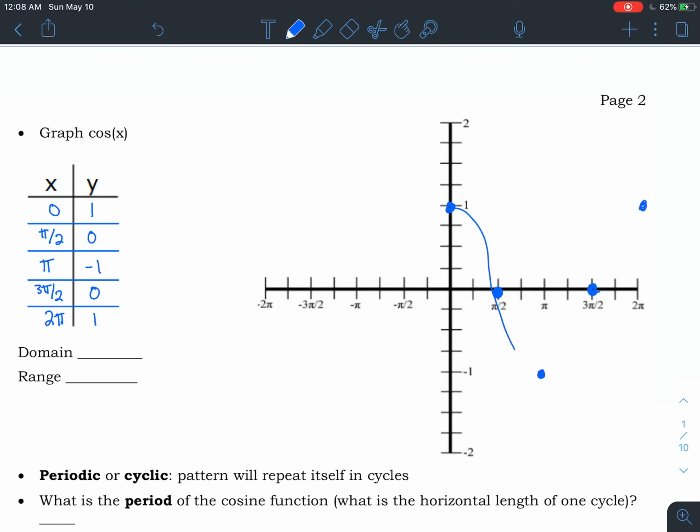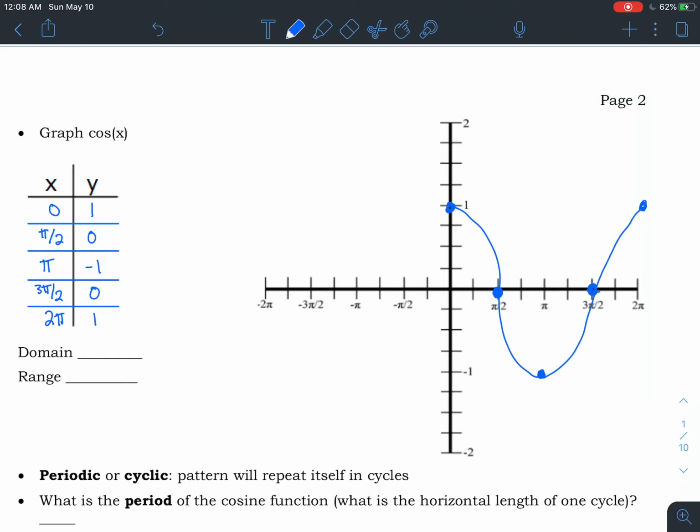So now my wave, let's retry that. My wave looks like that. Again, I'm not super thrilled with the right side of it, but that's okay. It still does a full wave.